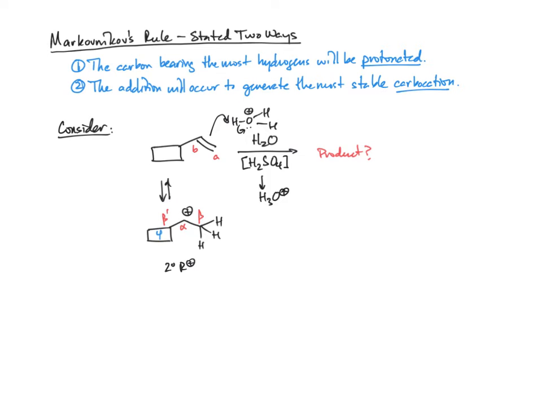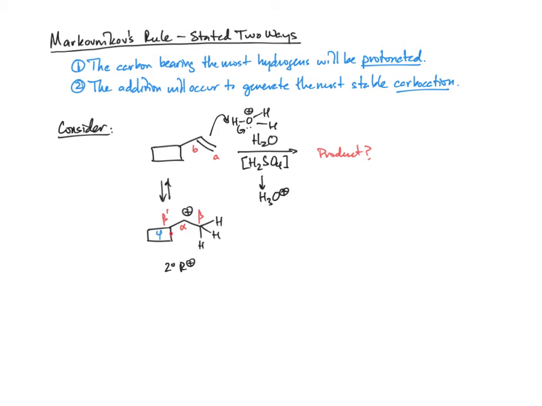Now we have the choice at beta prime. We can have this hydrogen move over as hydride. That would generate a tertiary carbocation, but the issue is it's a tertiary carbocation that's going to experience quite a bit of angle strain because it's present in a cyclobutane.